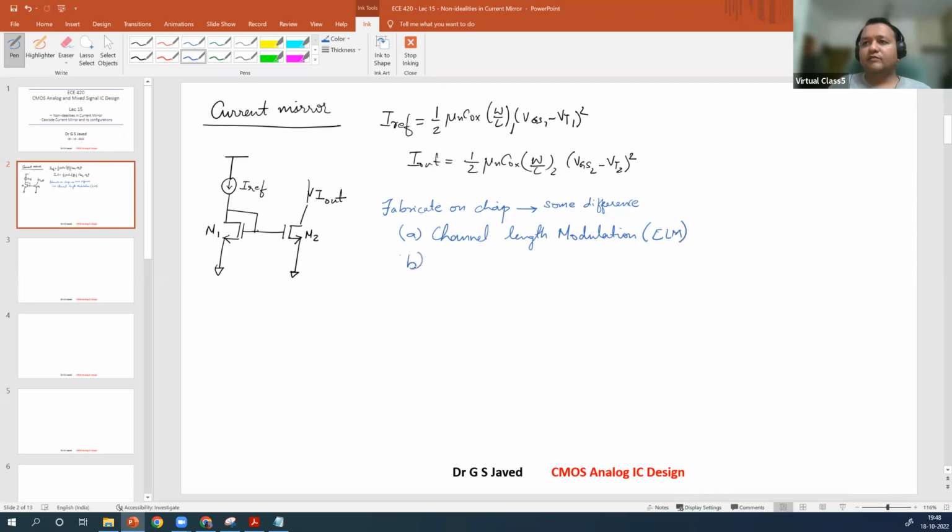Second, you will have the threshold voltage difference. So there is going to be a VT, what we will call VT offset, between the two transistors.